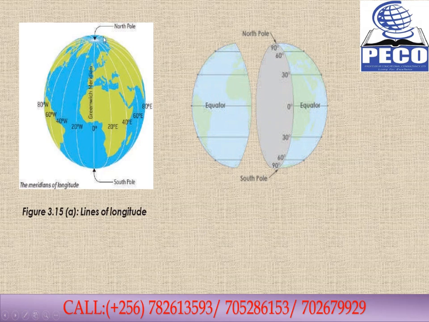Now the major longitude is the Greenwich meridian, and the Greenwich meridian divides the earth into two, the western part and the eastern part. So how does the prime meridian divide the earth?